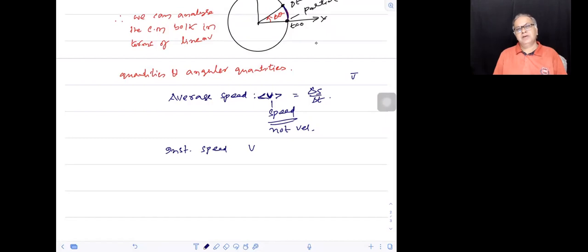That is a notation people follow to represent average. So instantaneous speed V will be the limit of delta S by delta T as delta T tends to 0, and this will be given a name ds by dt, which we have done already. But we are revisiting the whole idea once again in terms of circular motion.